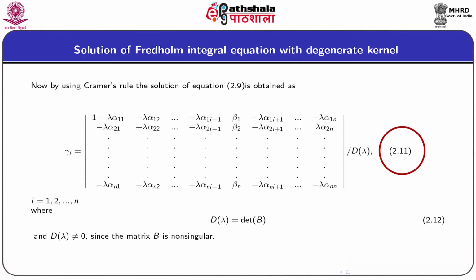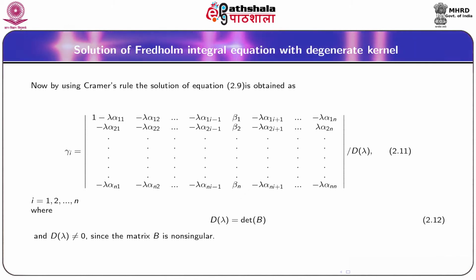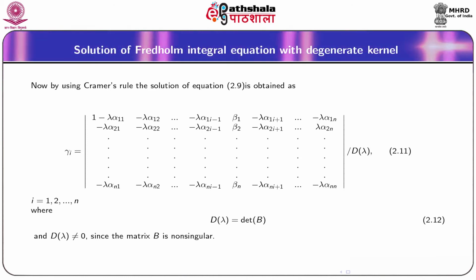Now in equation 2.11, the function D(lambda) denotes the determinant of the matrix B. Since the matrix B is non-singular, this determinant is not equal to 0. Now the values of lambda which make this determinant D(lambda) not equal to 0 can be obtained by equating D(lambda) not equal to 0.